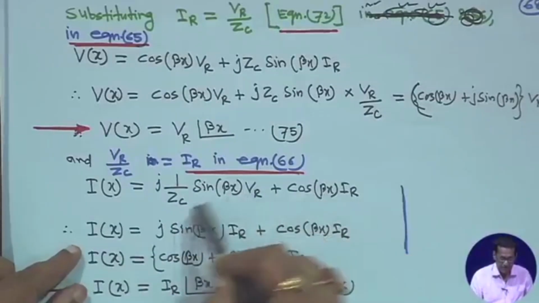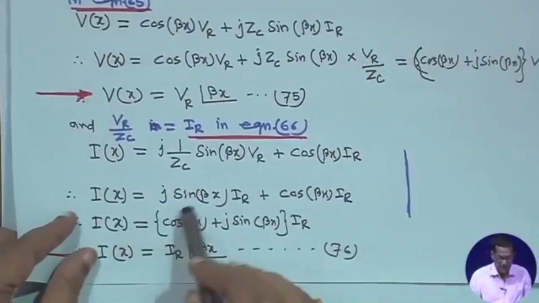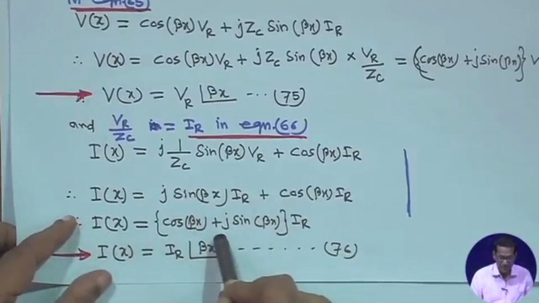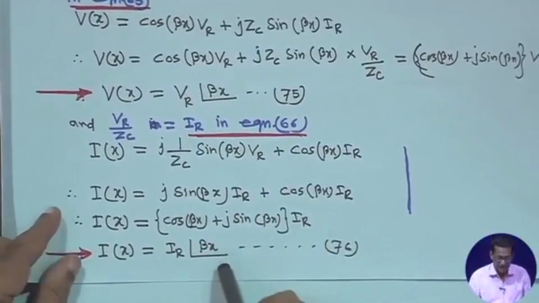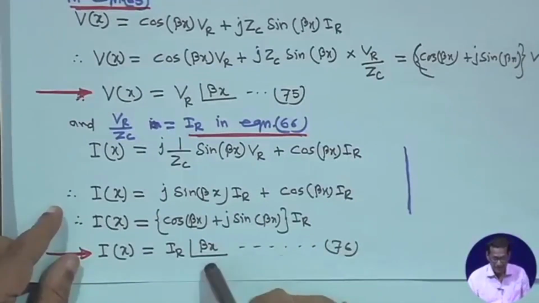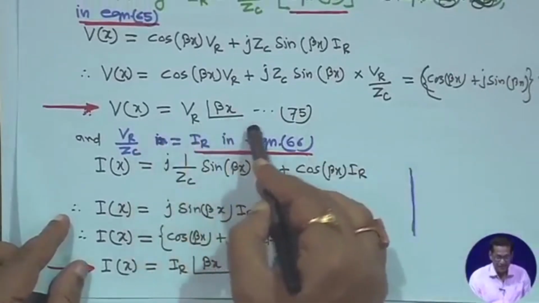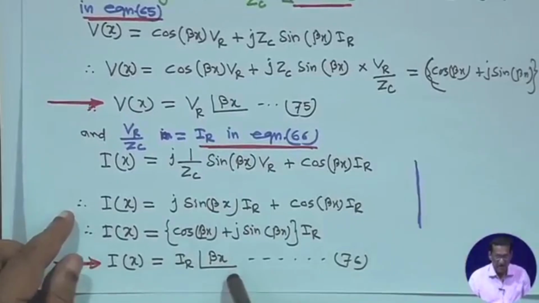So, VR upon ZC is equal to IR, you substitute. Just rearranging, Ix is equal to cosine beta x plus J sin beta x into IR. That means Ix is equal to IR angle beta x. So, in equation 76, Vx is equal to VR angle beta x, and Ix is equal to IR angle beta x.